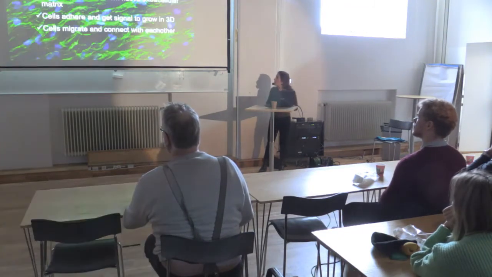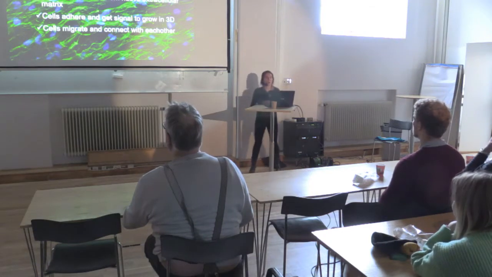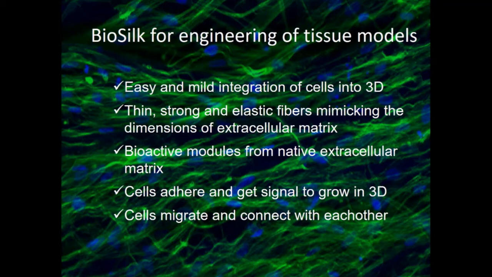So I just want to end up with showing some highlights of what it is with the Biosilk and why it could be used for making tissue models. So these silk proteins, they have this ability to form a silk material at the air-water interface, which is a very mild condition. And there they make strong and elastic fibers that are similar to the extracellular matrix that is naturally surrounding the cells.